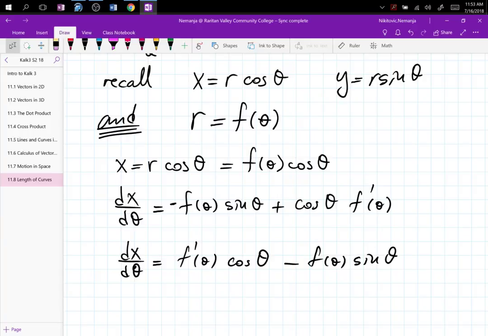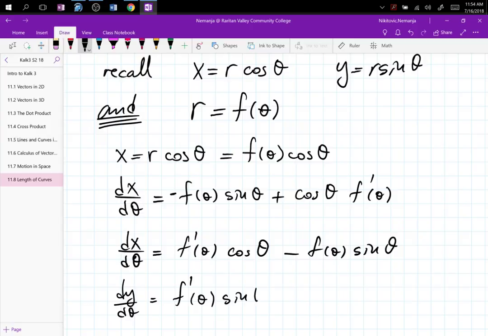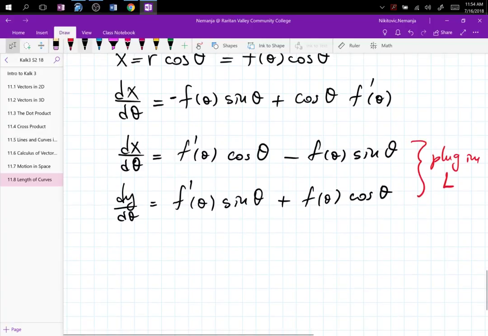This is our dx d theta. dy d theta is going to be f prime of theta sine theta plus f of theta cosine theta. That's our dy d theta. And now these two plug into L. So this is what we plug into the integral.